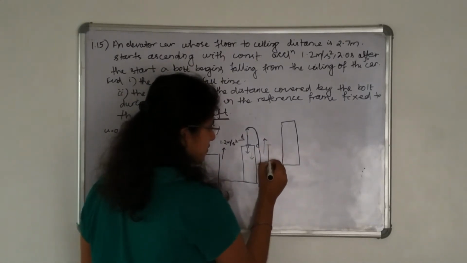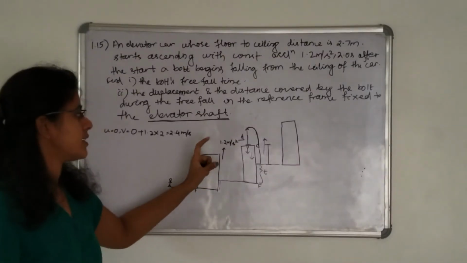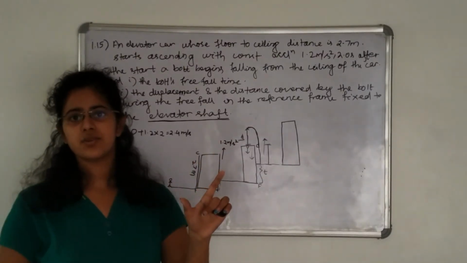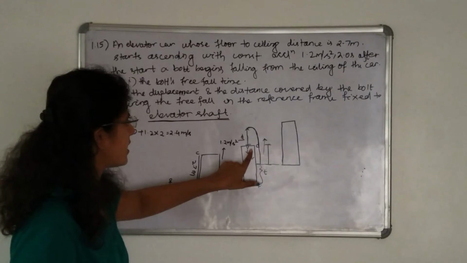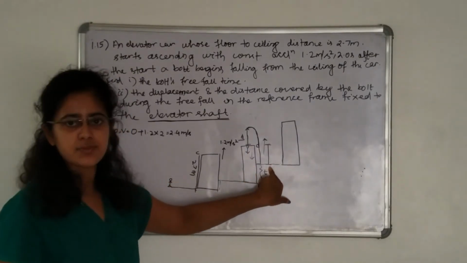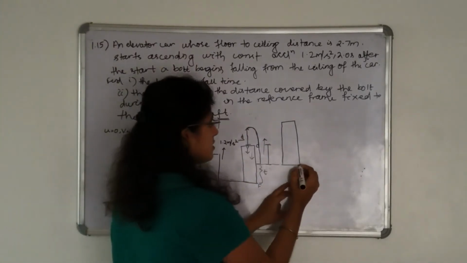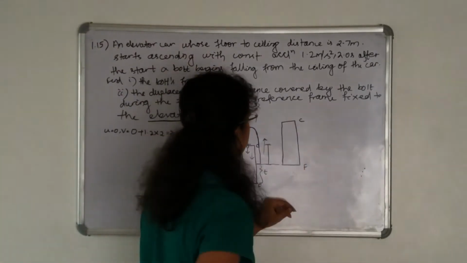This is the displacement of the bolt after t time, because remember one thing, displacement is the shortest distance between the 2 points. Initially the bolt is at this position and finally the bolt is at this position, that is, it has reached the floor of the elevator.